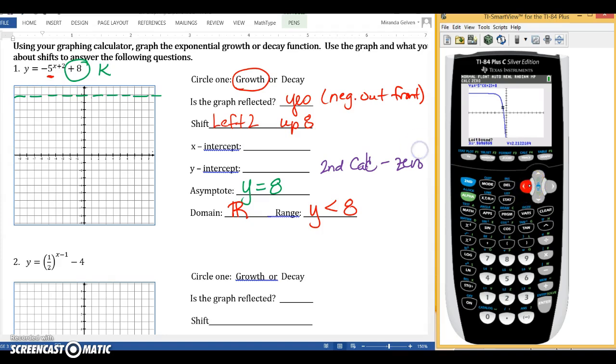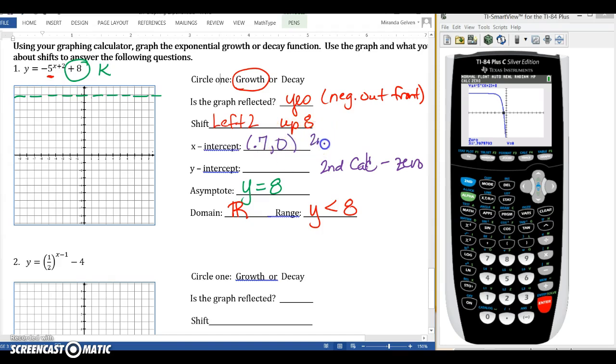There he is. So arrow to the left, enter, arrow to the right, enter, enter one more time. So I have an x-intercept at 0.7, 0. And we'll go ahead and round to the nearest tenth. And that was our x-intercept.